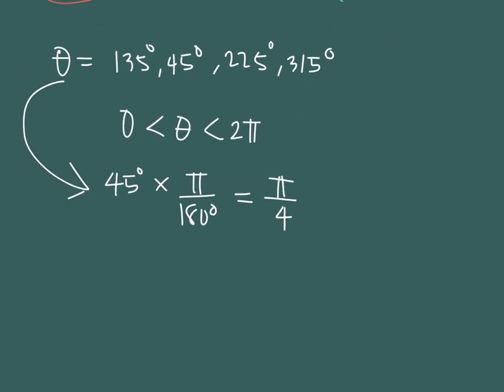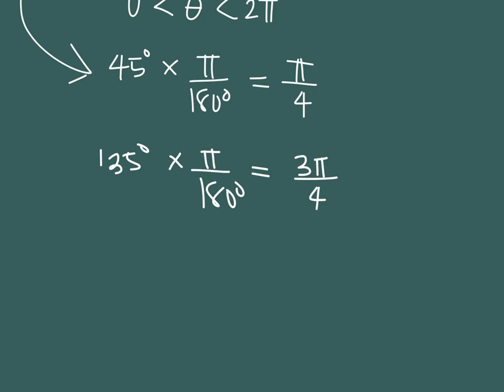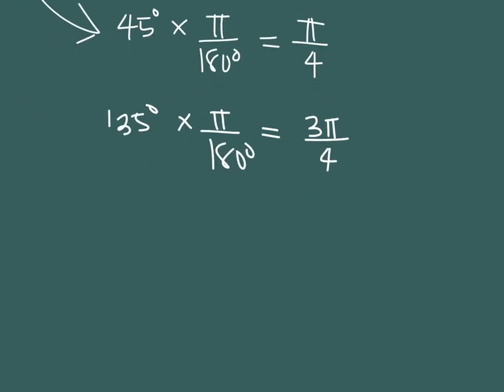From there, you can actually just count the pi over 4, but you can do the same process times pi over 180. If you reduce 135 over 180, how many 45 in 135? 3 over 4. So 3 from 135 and 4 from 180. And then next is 225.